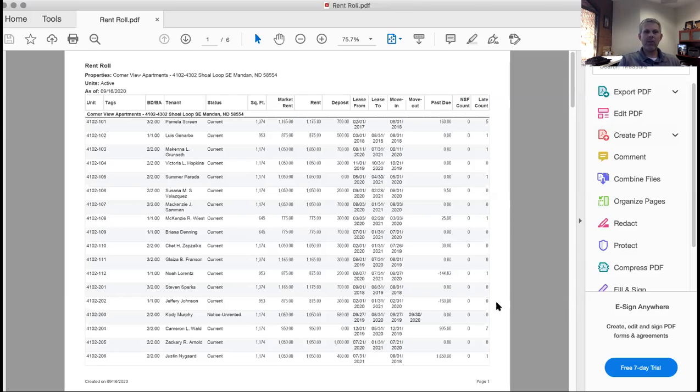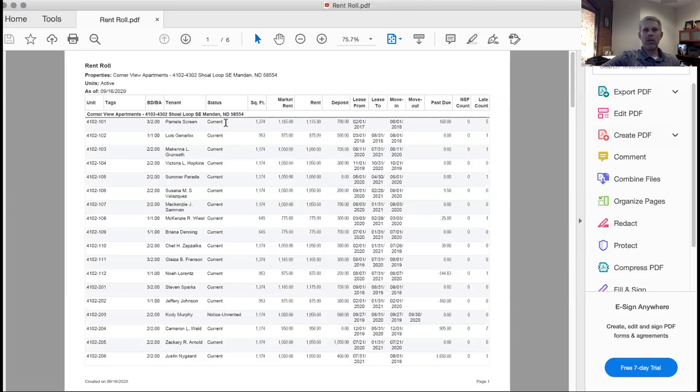So what I have here on the screen is just a sample rent roll. This is an apartment complex in North Dakota. And so you can see here on the left side, this is the unit number. So the information we have is the unit number they're in, Suite 101. It's a 3-bedroom, 2-bath. The tenant is Pamela.